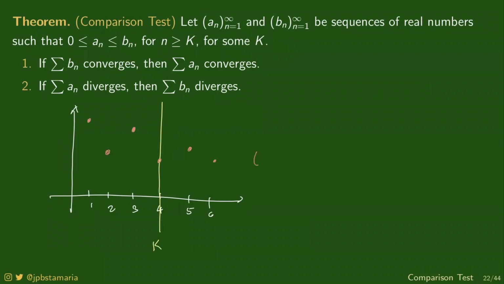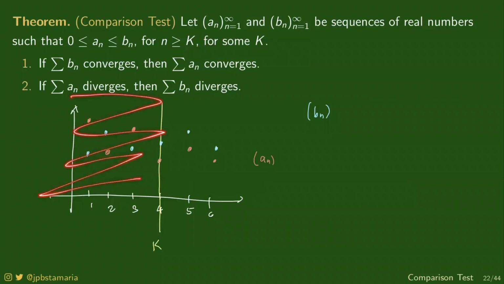Kunwari kukulayin ko ng blue si BN, maaaring sa umpisa hindi mo malaman yung behavior nilang dalawa. Ang importante, pag dumating na yung point na K, dapat si BN palagi nang nasa ibabaw ni AN at never nang iilalim.